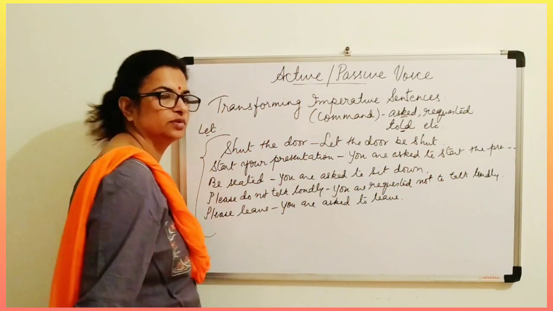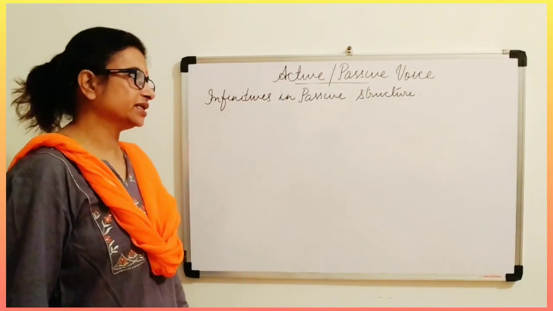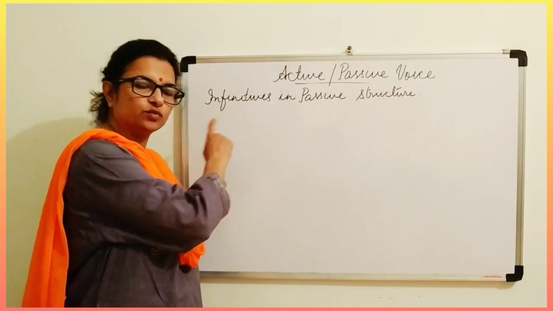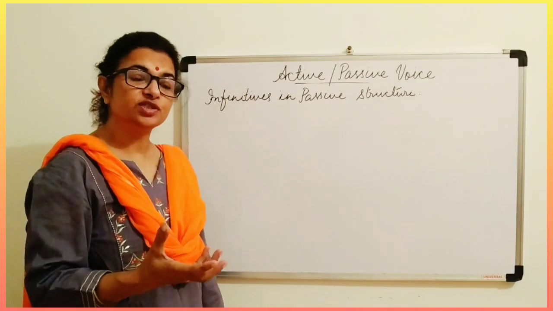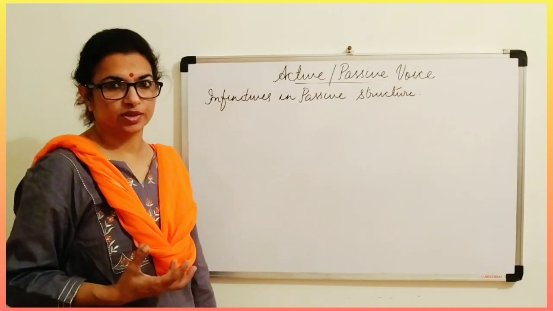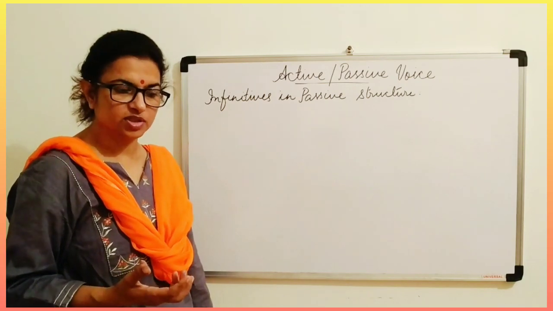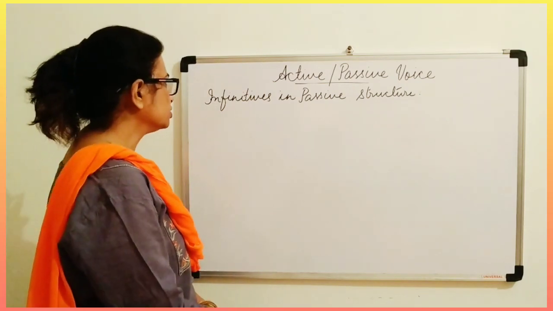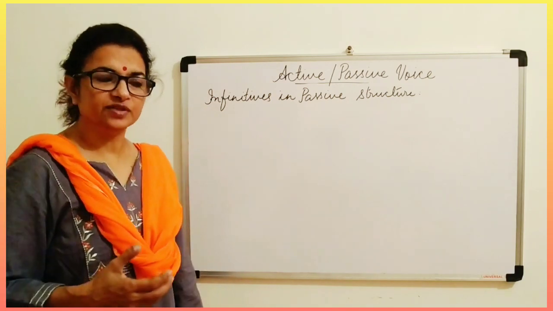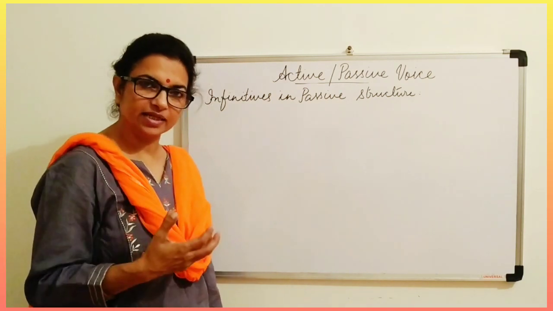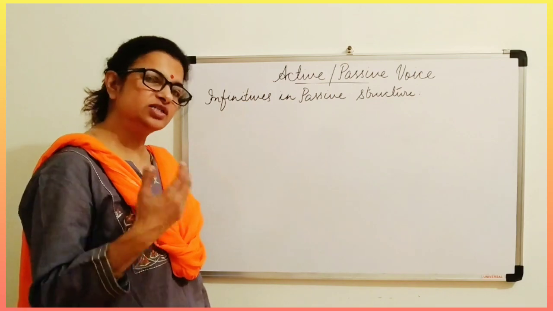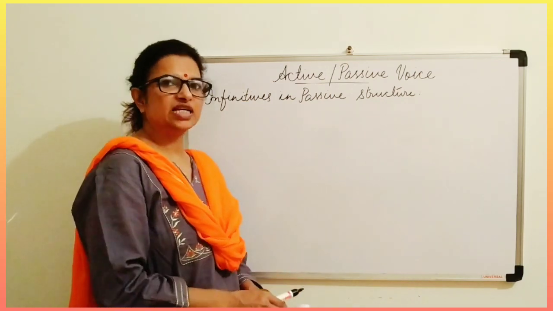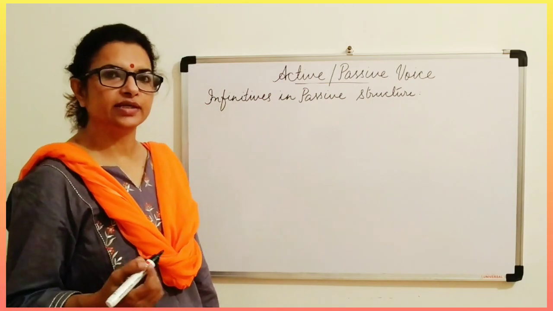Now children, when we studied non-finite verbs, we have already done infinitives. What are infinitives? The verb which takes to before it. Those words are called infinitives. So let us take an example and understand. Even if infinitives are there in a sentence of active voice, you can change that into passive voice also. But some transformation, some change is required there. So what is the change?